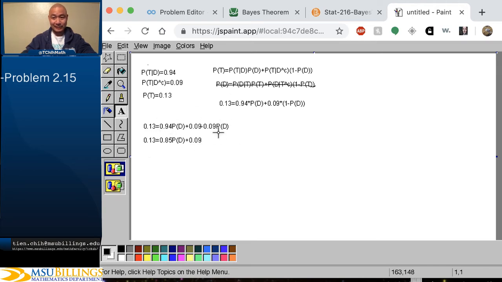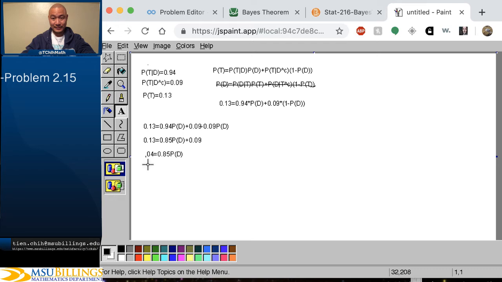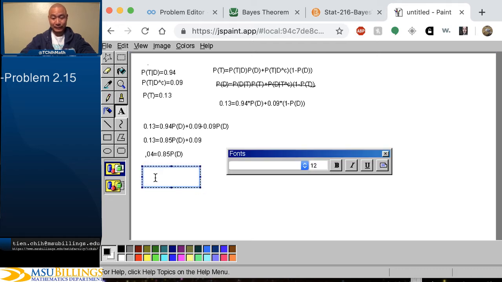And the second thing I can do is subtract 0.09 from both sides. So what I have is 0.04 is equal to 0.85 P of D, right? And so finally what we get is that P of D is 0.04 divided by 0.85, right?